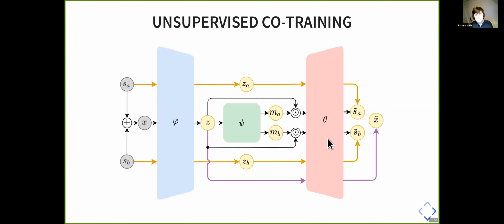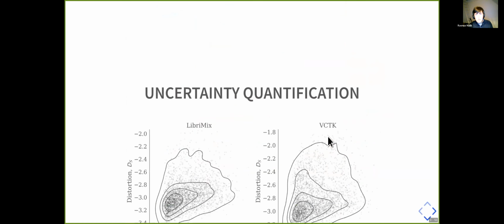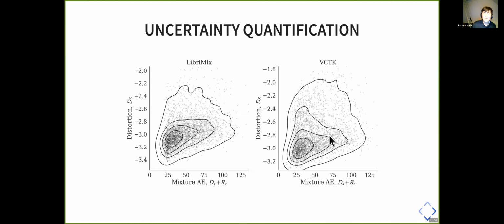Another thing that you get when you can also encode the mixture itself is something called uncertainty quantification. So a central thing you'd be interested in when you use this, say in a hearing aid, is whether it works or not. So it's quite well known that deep learning algorithms tend to fail ungracefully. They basically just fall off a cliff when they don't work. So they have a tight area where they work really well and things look good or sound good.